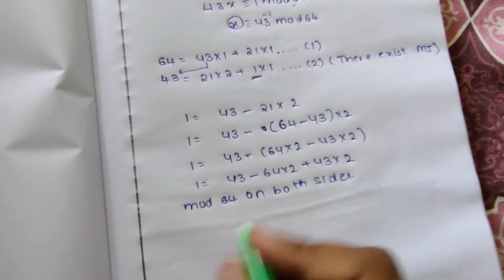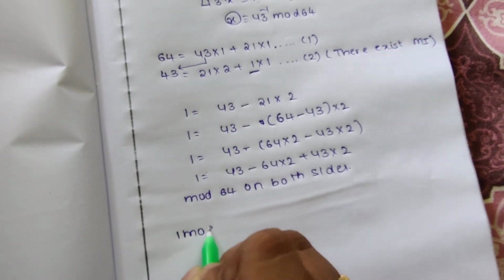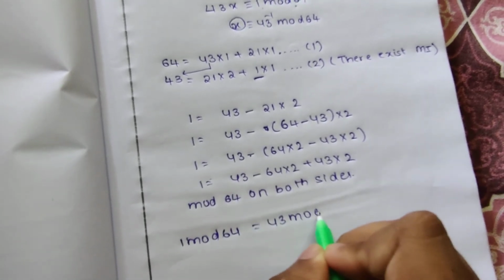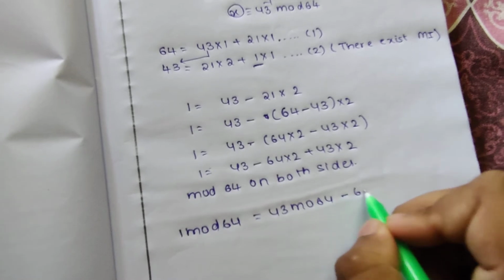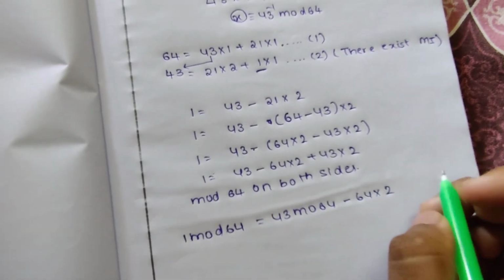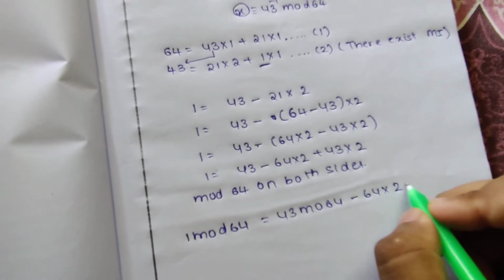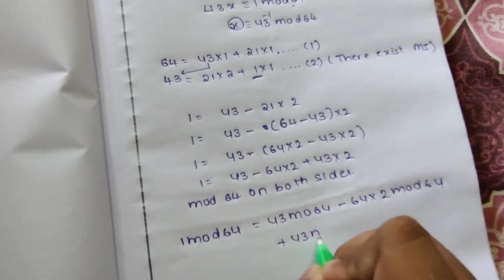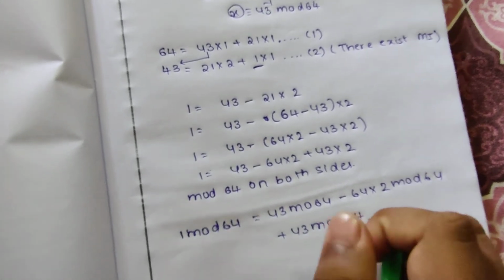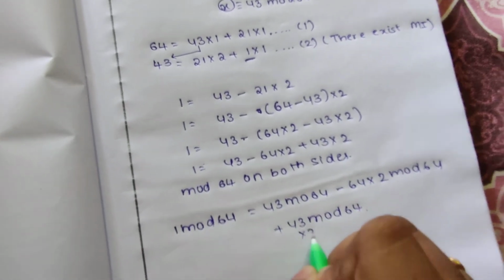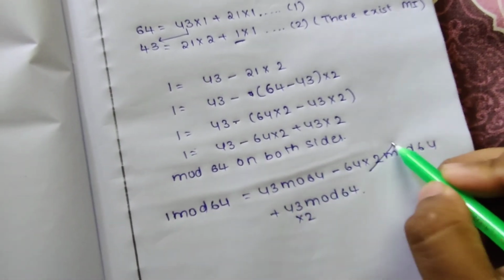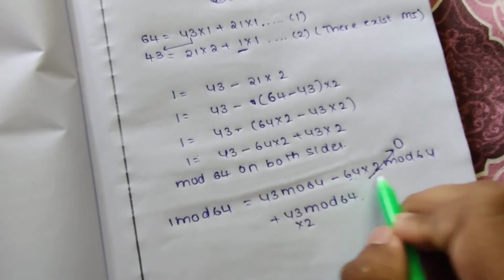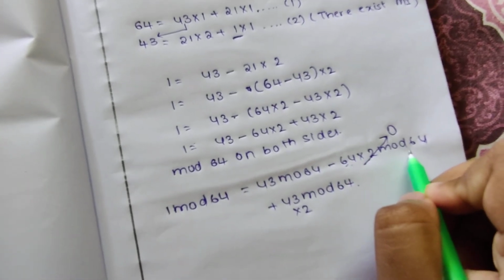Now 1 mod 64 is equal to 43 mod 64 minus 64 into 2 mod 64 plus 43 mod 64 into 2. Here the 64 into 2 term goes to 0, because 64 into 2 is a multiple of 64, so we get a remainder of 0.